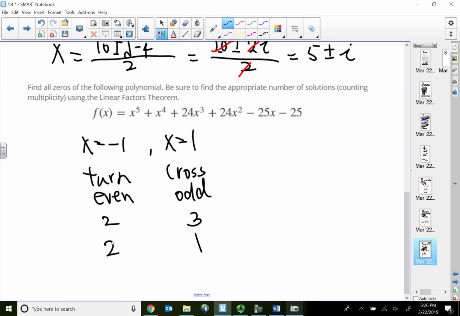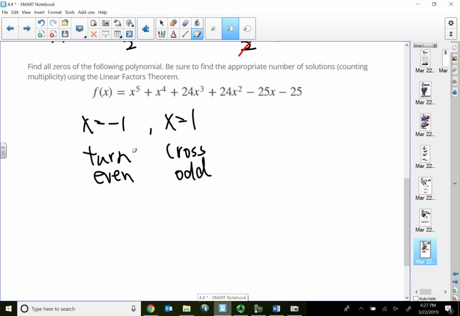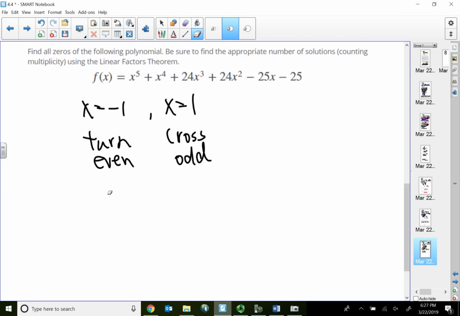To determine what multiplicity is on the factor of my 2 zeros so far, I have to knock this x to the 5th power down to a quadratic and see what kind of zeros I may have for my quadratic. If my quadratic is going to continue to give me negative 1 and 1, then I would know exactly what my multiplicity is.